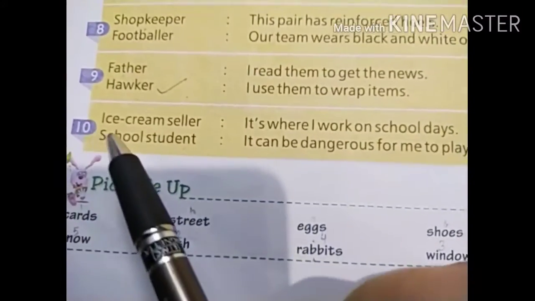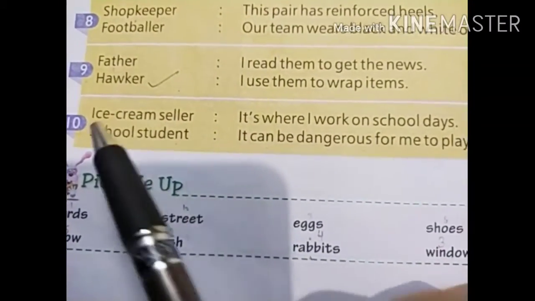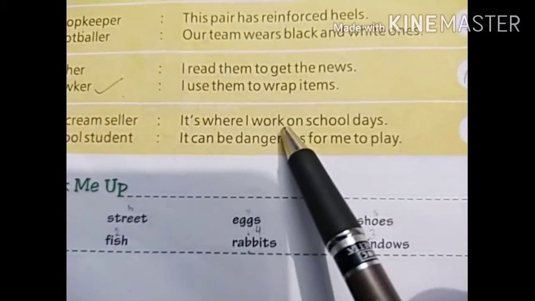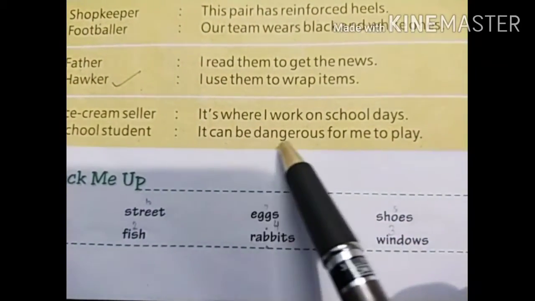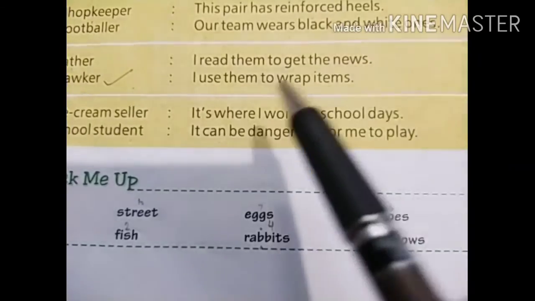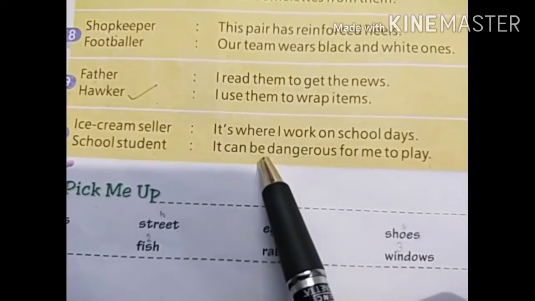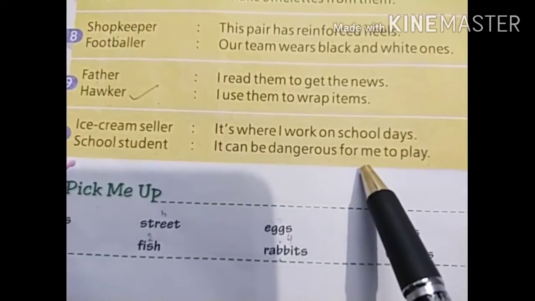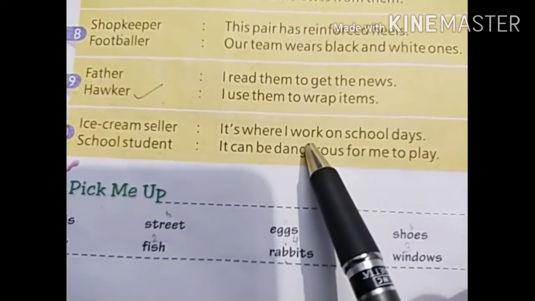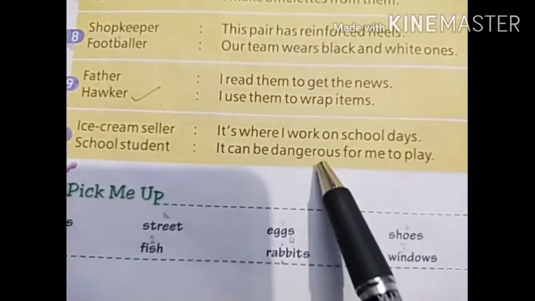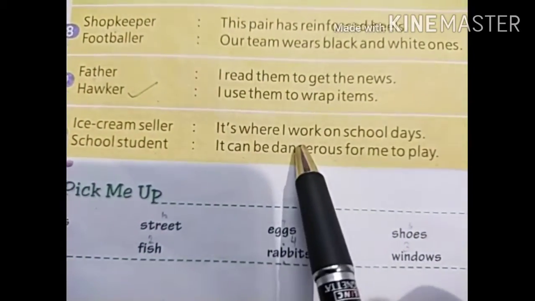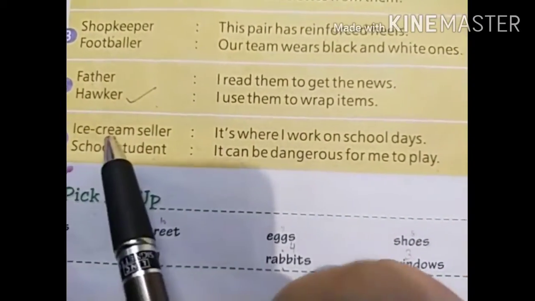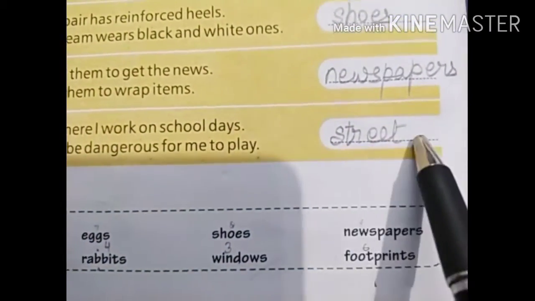And the last is ice cream seller and school student. The ice cream seller says, it's where I work on school days. The school student says, it can be dangerous for me to play. What is the area which can be dangerous for a student and is exactly the same place where an ice cream seller can sell his ice creams? So that is a street.